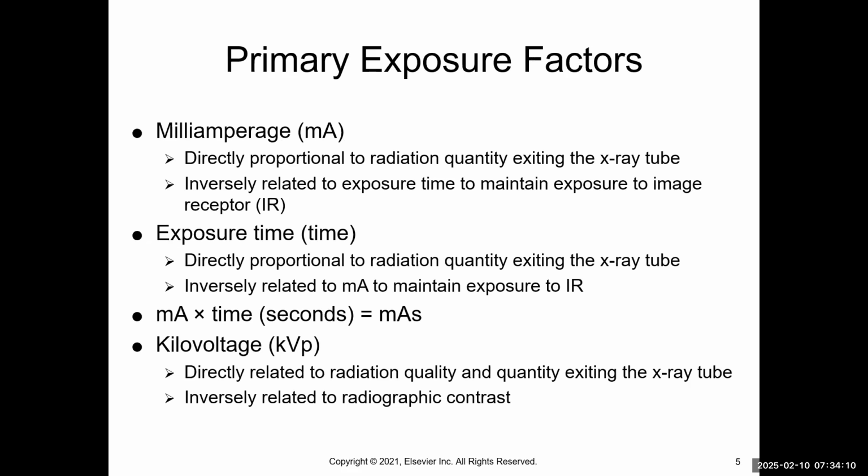Exposure time. So MA, exposure time, and a combination of those mass have the same relationships to not only the quantity of photons that are exiting the tube, but also to image receptor exposure. So again, exposure time has a directly proportional relationship to quantity, inversely related to MA to maintain exposure to the IR.